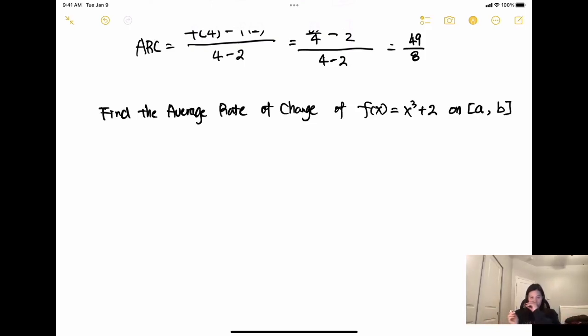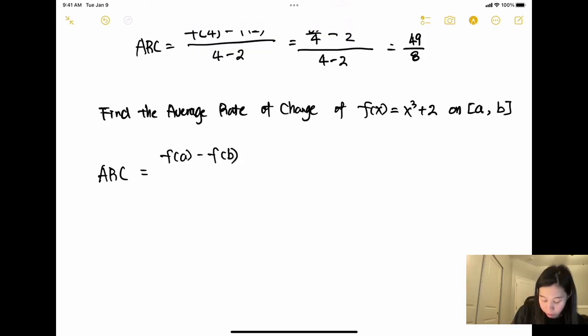How do you do that? So again, they should be the same. The average rate of change should be f(a) minus f(b) over a minus b.